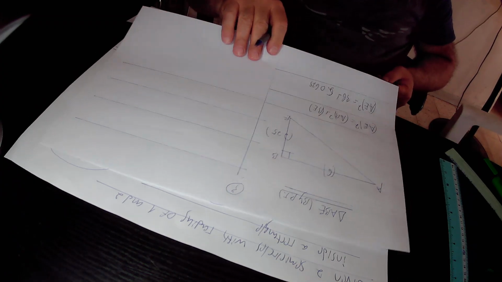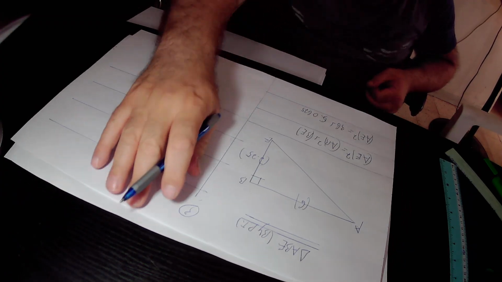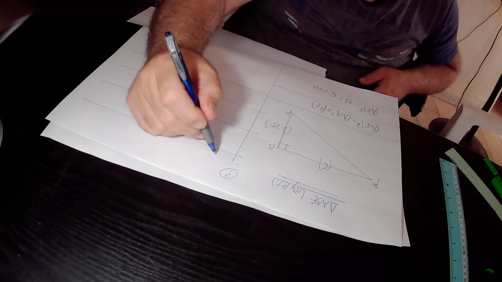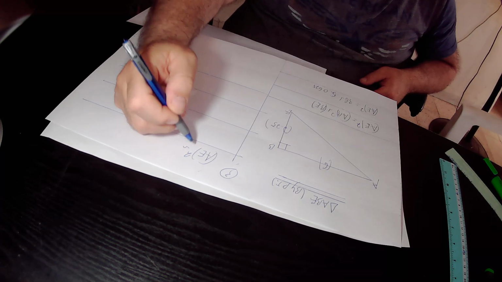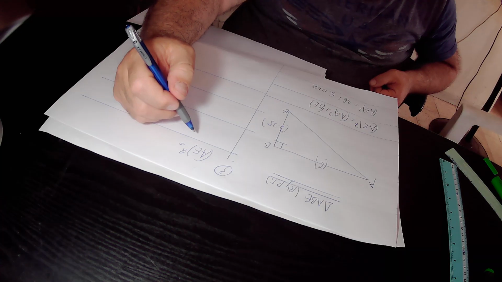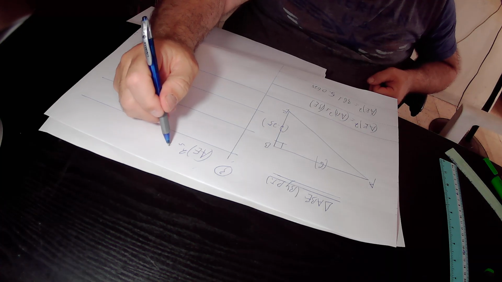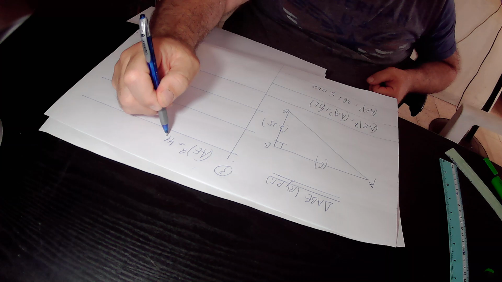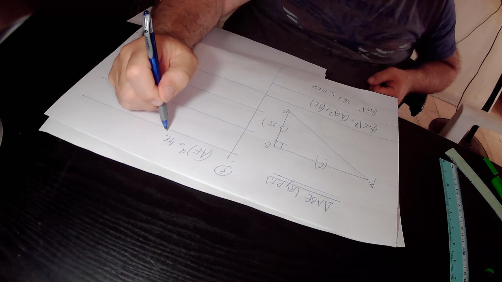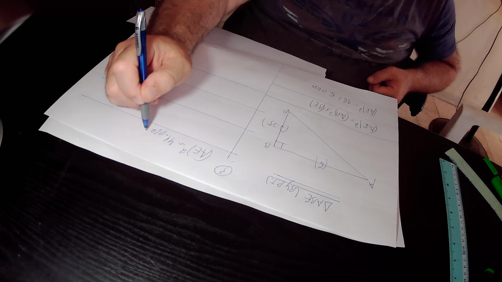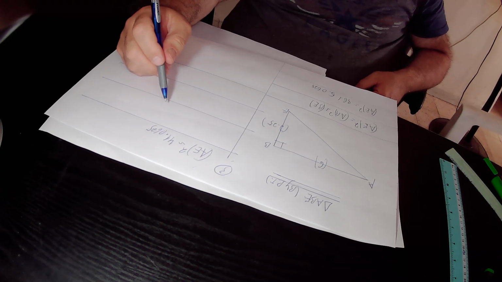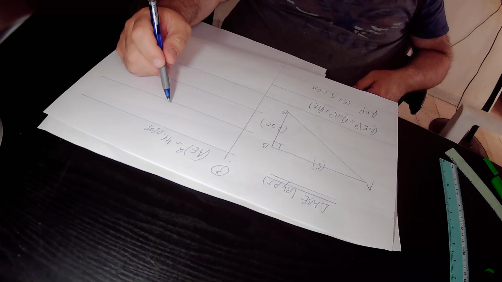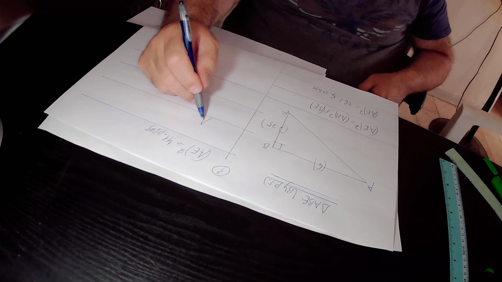So we can find out that AE squared equals 36 plus 5.0625, which equals 41.0625. So in conclusion, AE squared equals 41.0625.